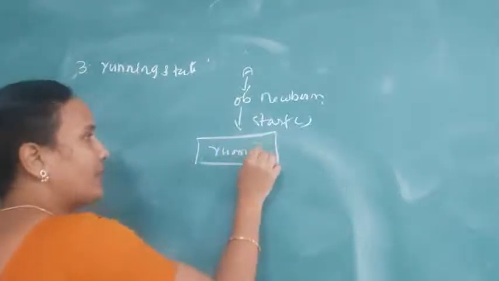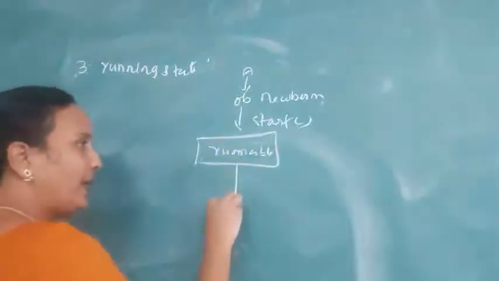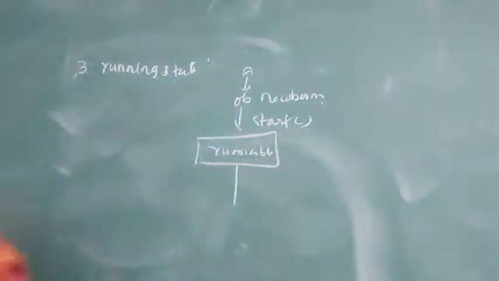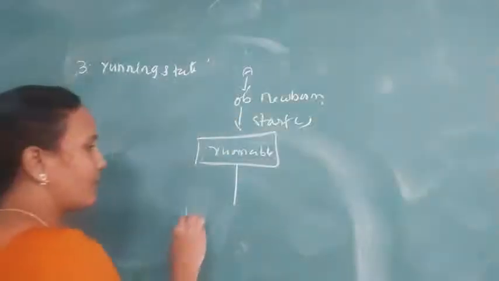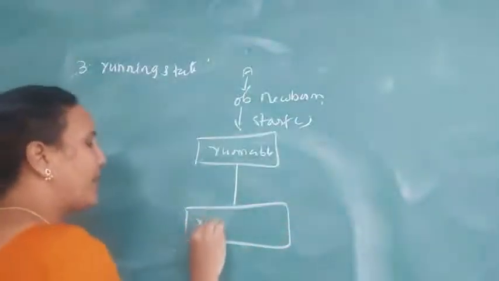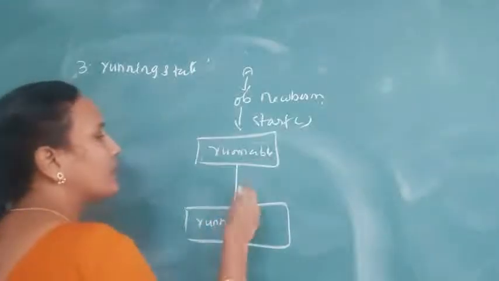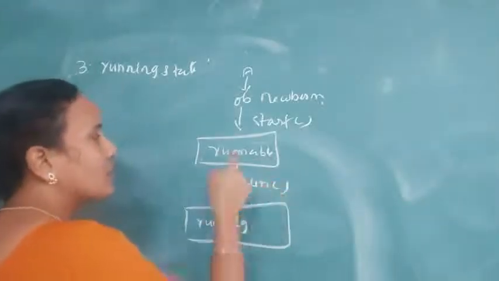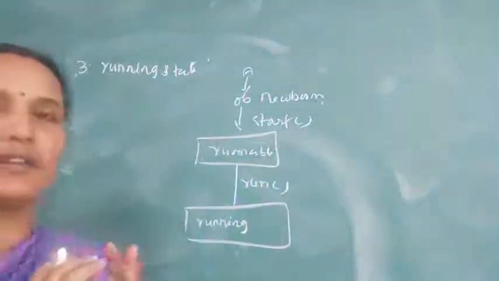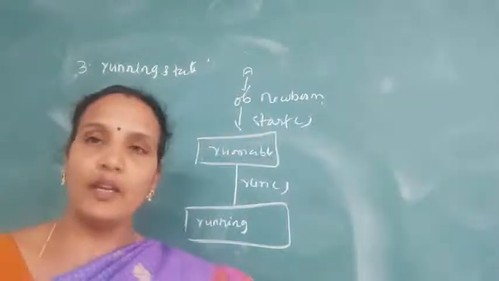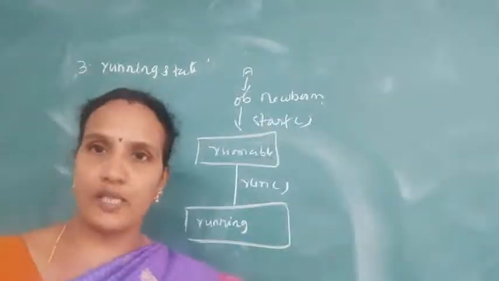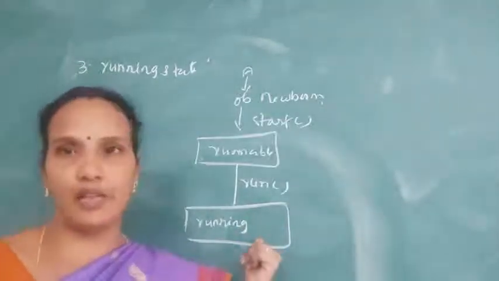It is waiting for the processor. So when it starts its execution, that is the running state. It is nothing but the run method. So when it gets the processor time, the thread enters the processor. That is nothing but a running state.